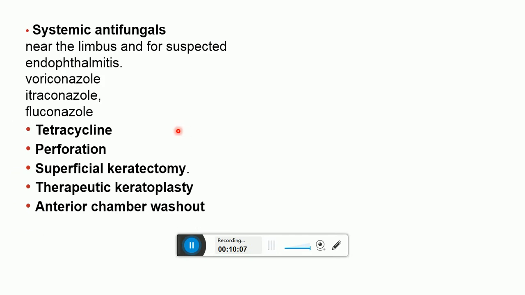Systemic antifungals are given in severe cases when lesions are near the limbus and for suspected endophthalmitis.